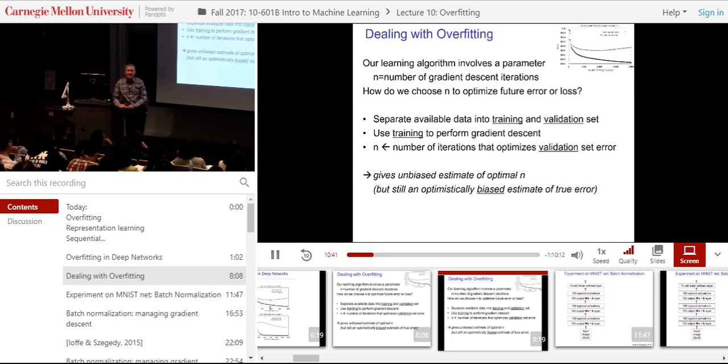And so in some sense, the validation set is getting into the training procedure. It's the thing that's telling the algorithm where to stop training. And so because it's influencing training, it also, to some degree, gives an optimistic estimate of how well we'll do in the future. So you should keep that in mind.